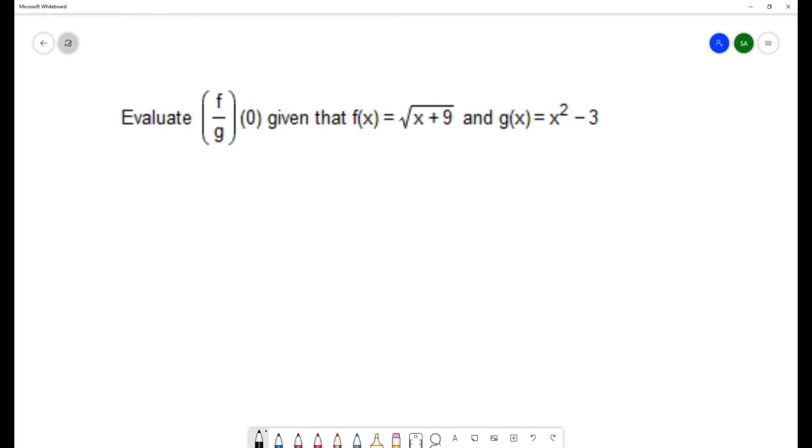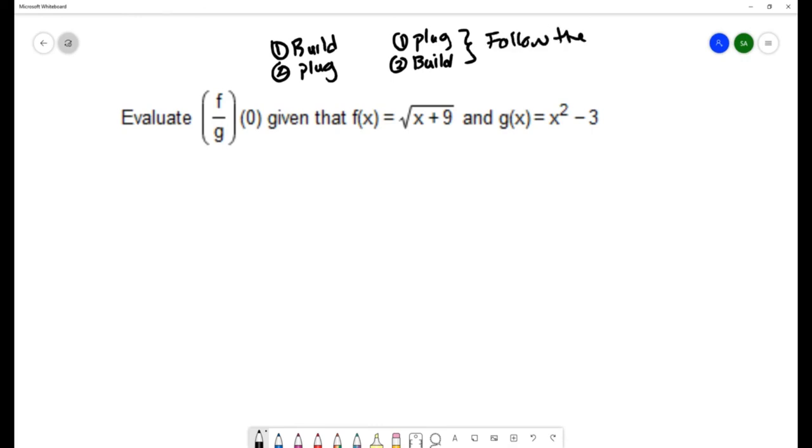So one way is to build then plug, and the other way is to plug then build. And this is really following the symbols the second way. So using the first method, what I mean by build is to build the function that is described in the name.